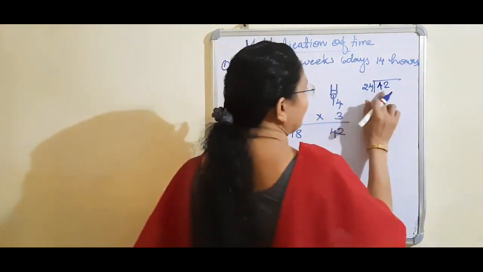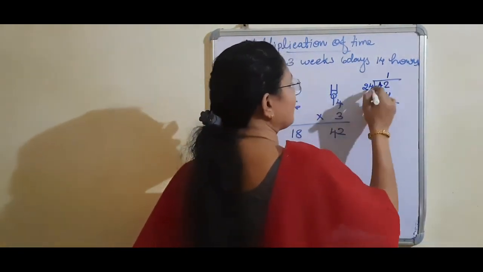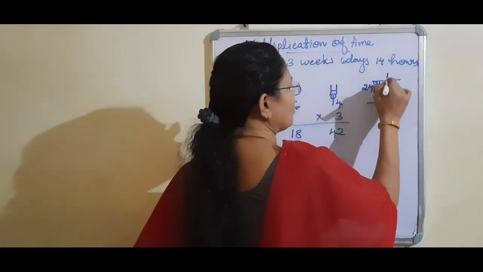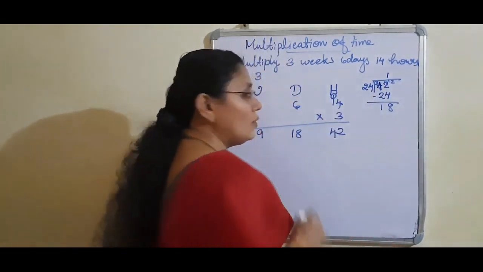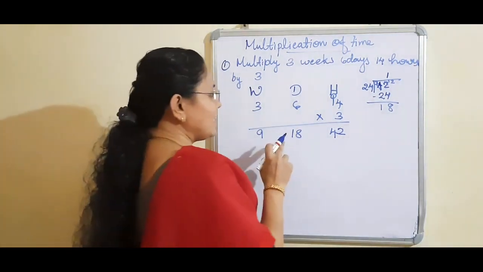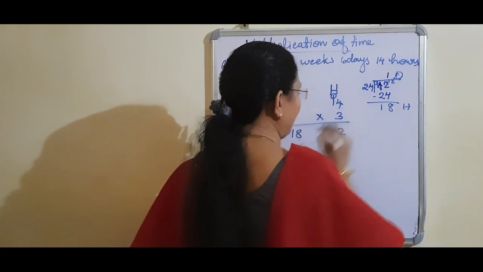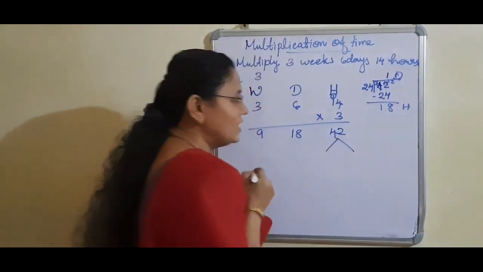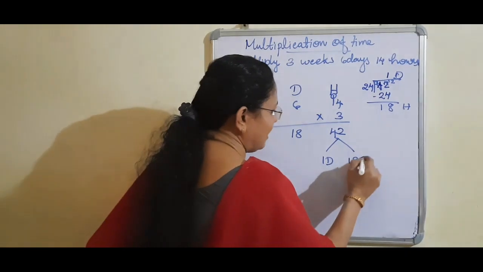Okay, now 24 in 42 only one time, 24, subtract. When we subtract, borrow from here, this is 3 and 12. 12 minus 4 is 8, 3 minus 2 is 1. Now, you know that the quotient is the next unit, means that this is day and this is hours. So that how can we write it? Yes, 1 day and 18 hours.